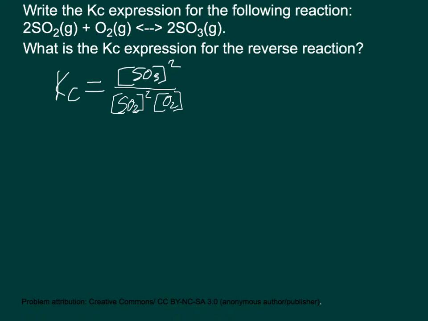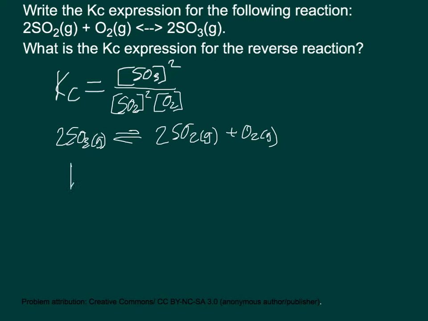Now the Kc expression for the reverse reaction. Well, looking at the reverse reaction, it's simply going to be 2 SO3 gas goes reversibly to 2 SO2 gas plus O2 gas.